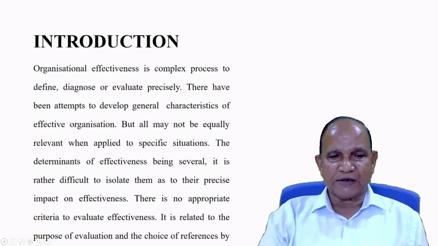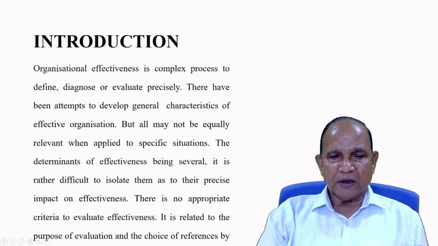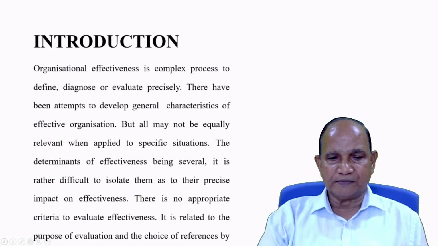Then the determinants of effectiveness being several, it is rather difficult to isolate them as to their precise impact on effectiveness. So we can differentiate, but we cannot separate the effectiveness related to the impact, because the determinants are different.